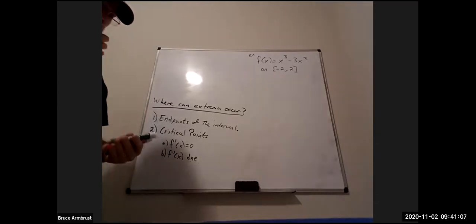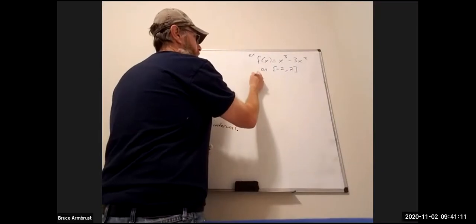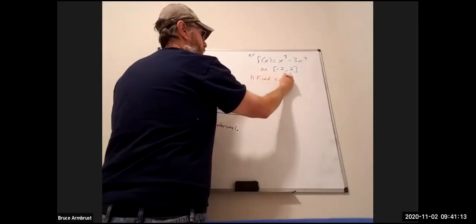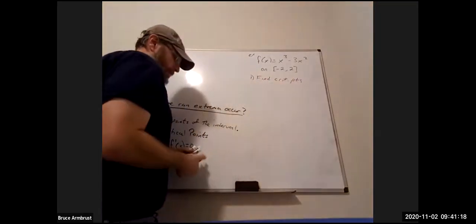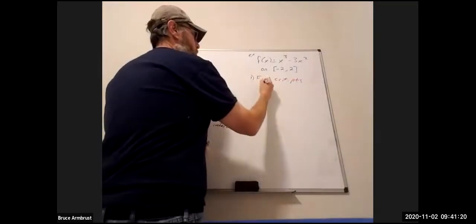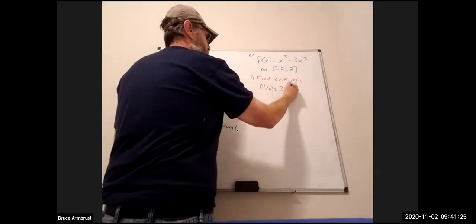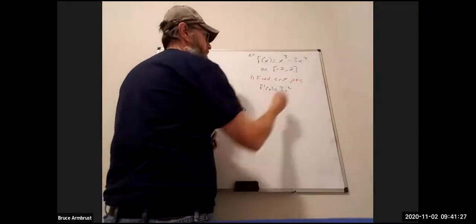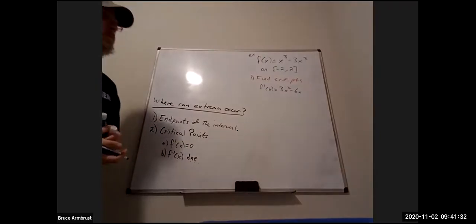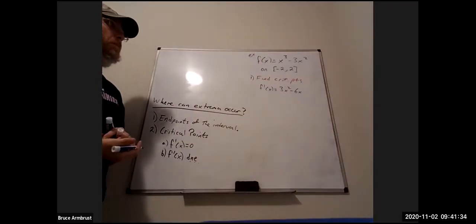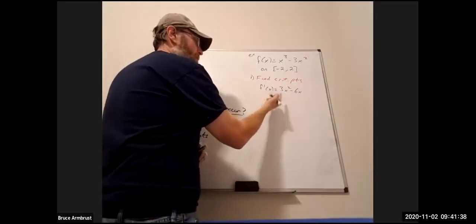All right, cool. So let's find them. Let's start by finding critical points. That should always be your first step. For the critical points, we need the derivative. Well, f prime of x is 3x squared minus 6x. Now we need to look at two things.